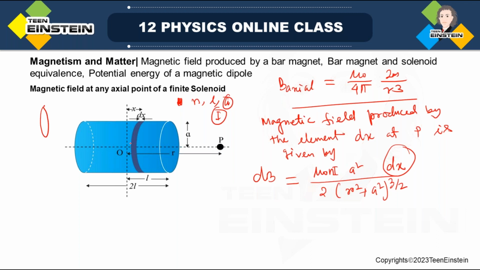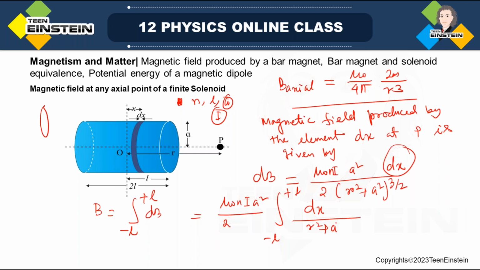I have to take all the elements on either side of O. So I can find the total magnetic field just by integrating dB between minus L to plus L. That means mu 0 small n into I, then 2, and a square, integration minus L to plus L dx by r square plus a square.